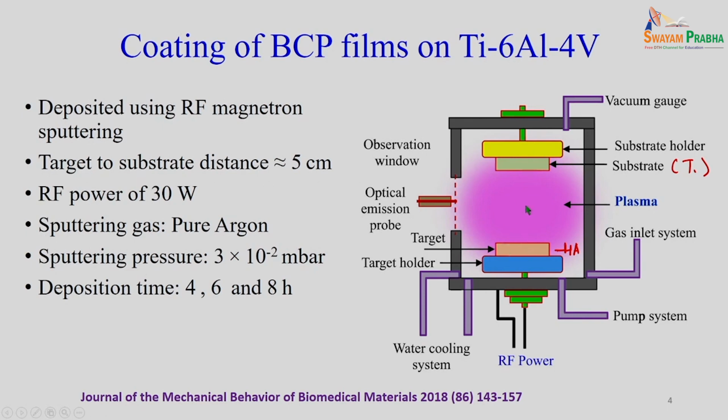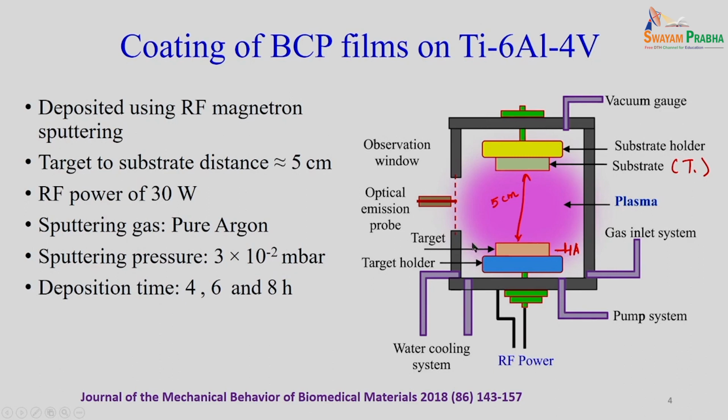So, here the method applied was RF magnetron sputtering. This is your target and this is your substrate. Now, the distance between the target and substrate was about 5 centimeter.